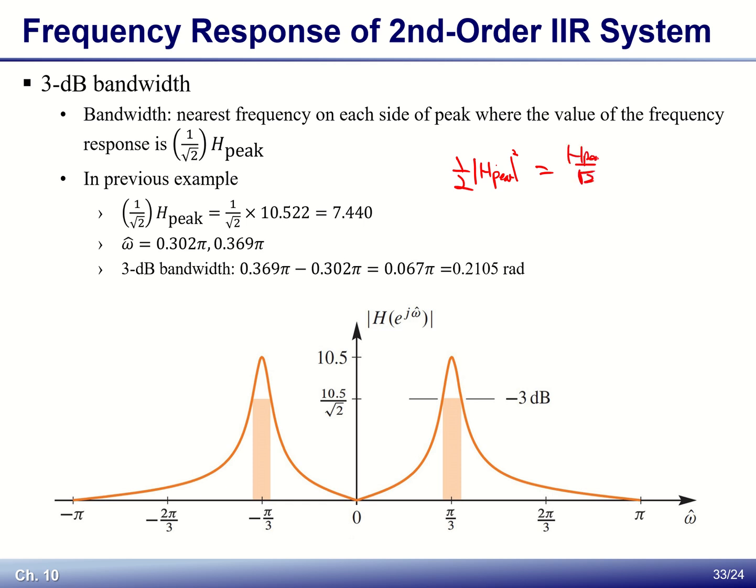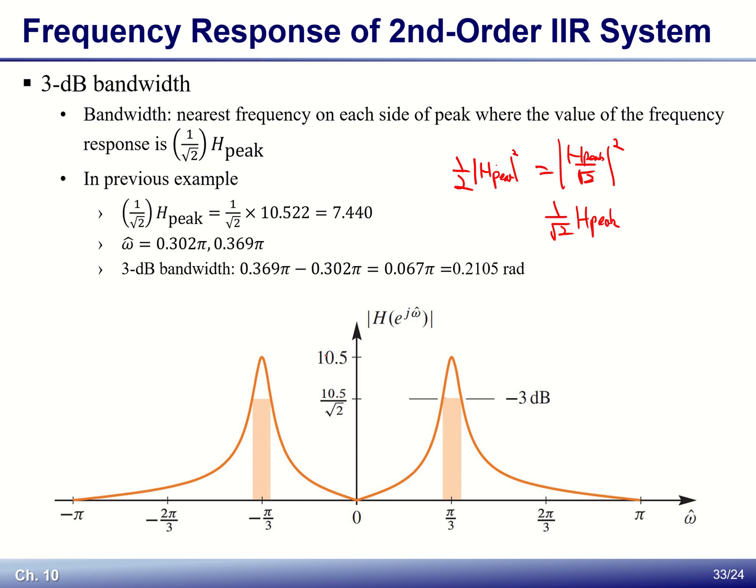So the frequencies at 1 over square root 2 times H peak are called cutoff frequencies, and the bandwidth between them is called 3 dB bandwidth.